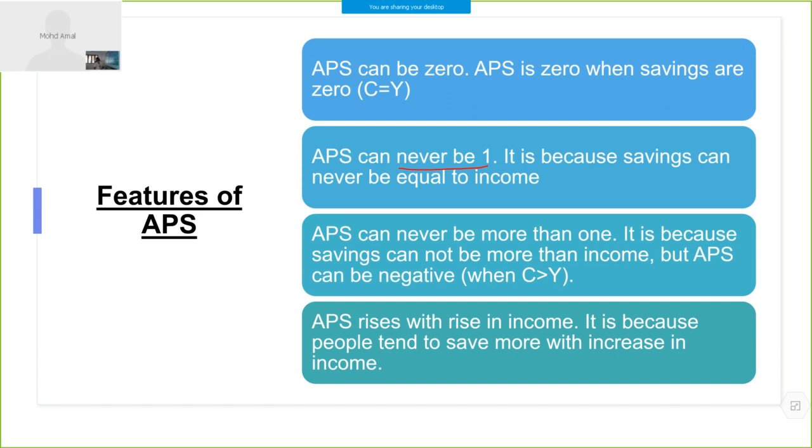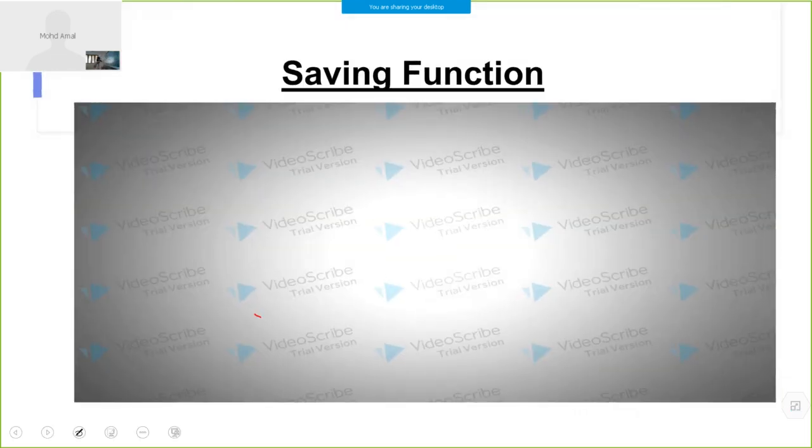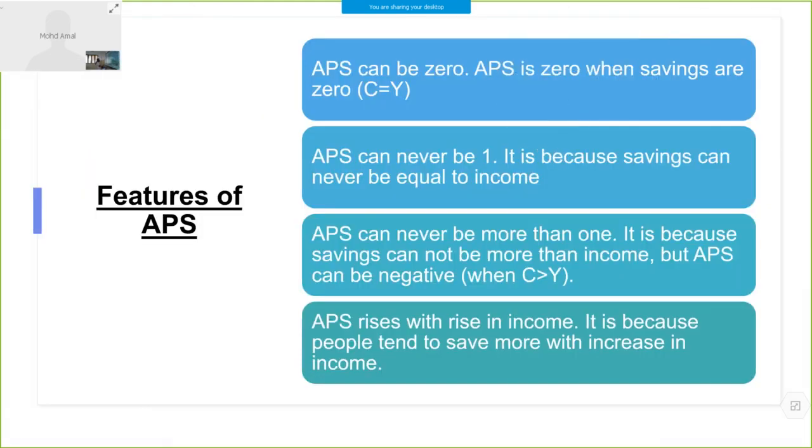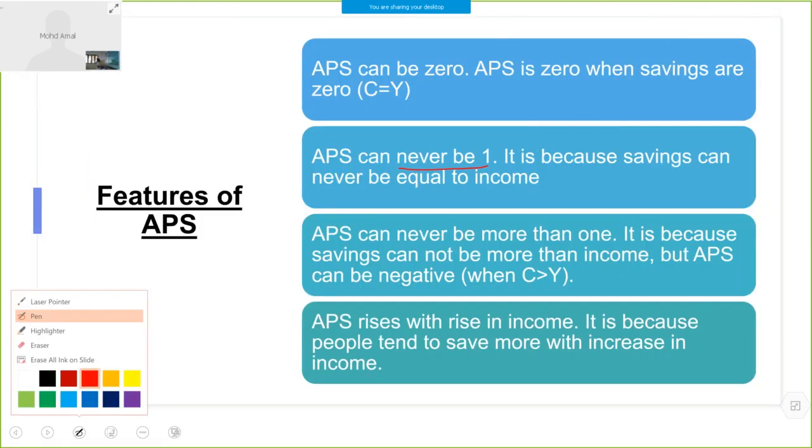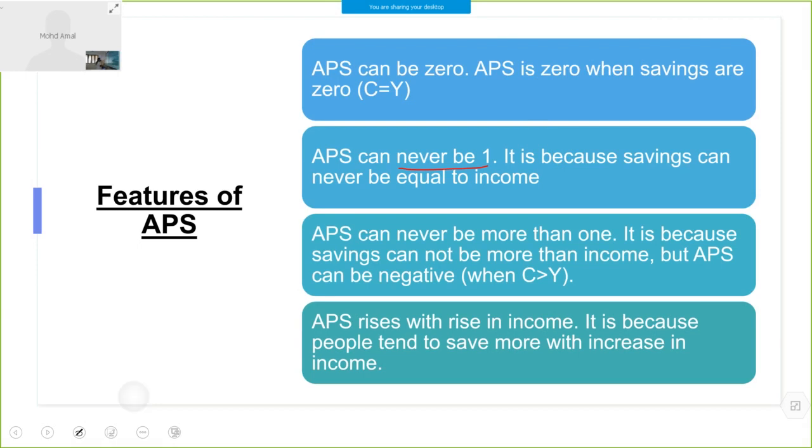Then the third feature, APS can never be more than 1, because savings cannot be more than income.